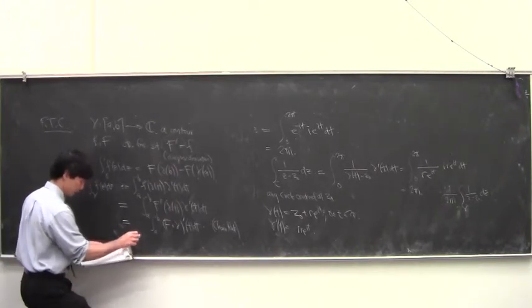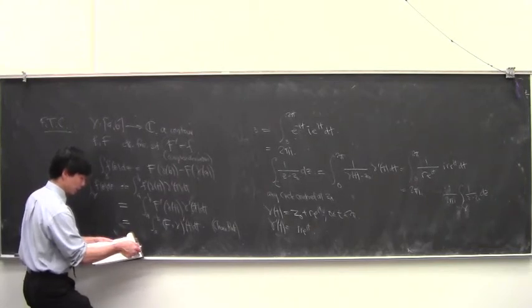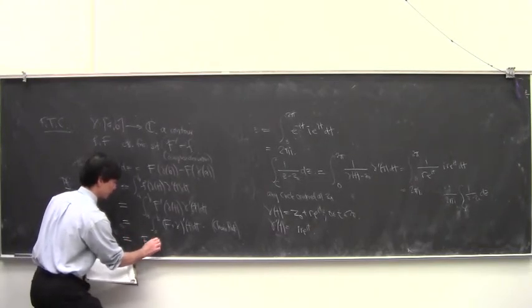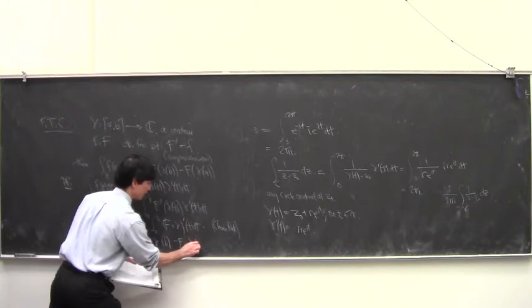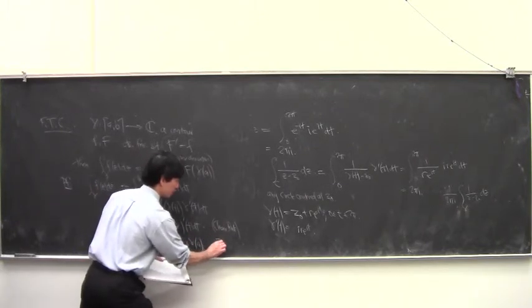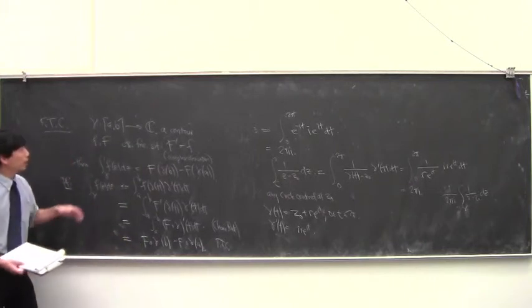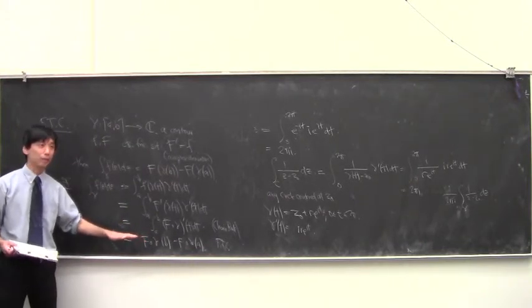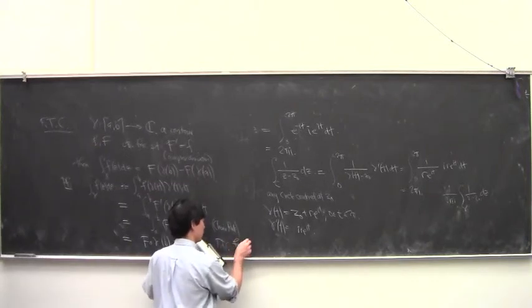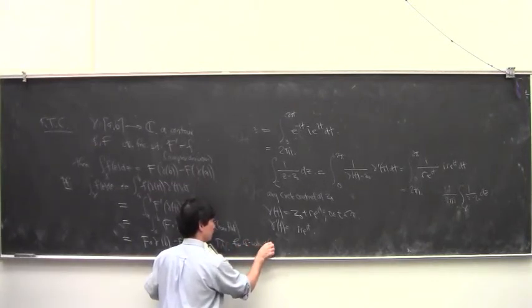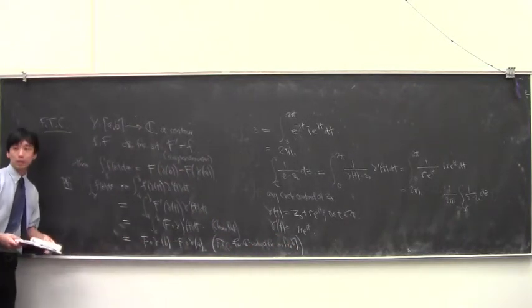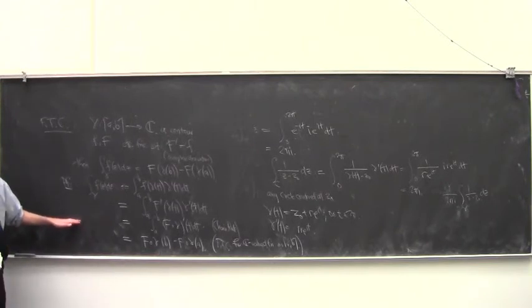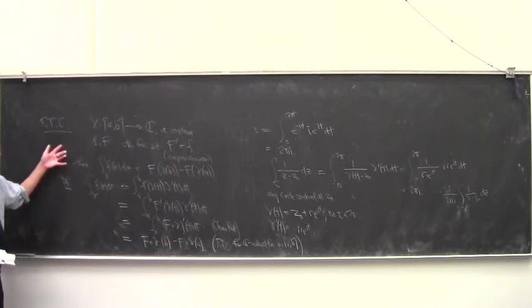And that gives you F composed with gamma of b minus F composed with gamma of a, by the fundamental theorem of calculus that we had earlier for complex valued functions on an integral. So the fundamental theorem of calculus for complex valued functions gives us the fundamental theorem of calculus for contour integrals.